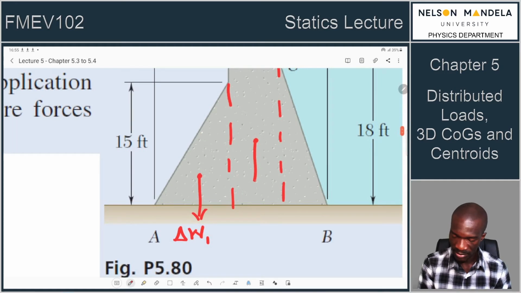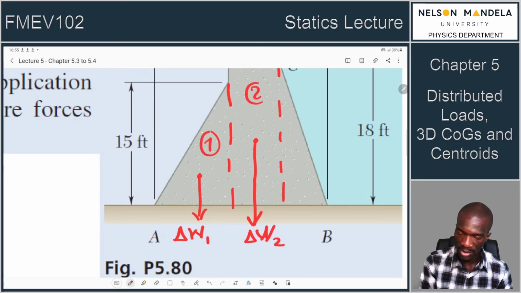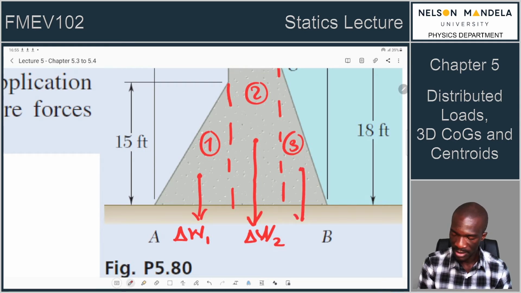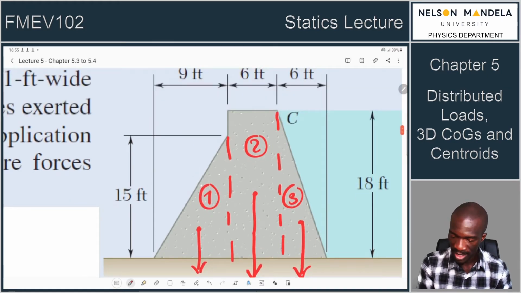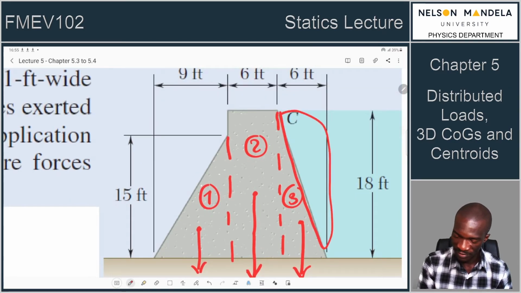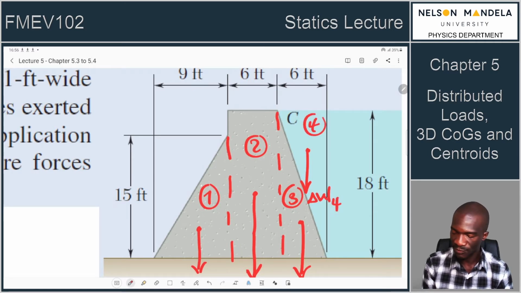Let's pull it down and call it delta weight 2. So this is our section 1, section 2, and section 3 by the same method, which would be delta weight 3. The water on top of this section also presents some weight, so that would be delta weight 4, the water, section 4.